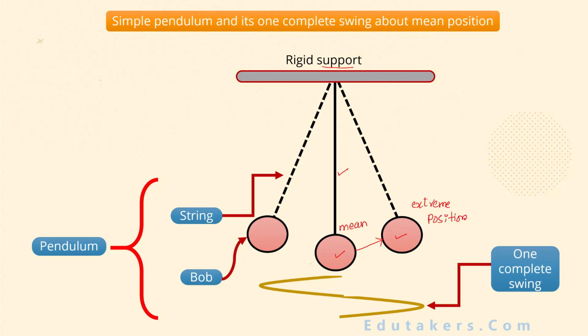Then this mass does not stay here, but it moves towards the mean position. At this position it also does not stop, but moves towards the other extreme position, and then moves back towards the mean position. In this case, the simple pendulum will oscillate about its mean position.